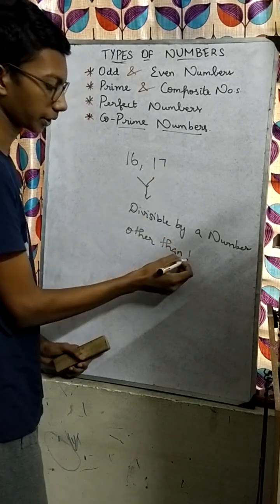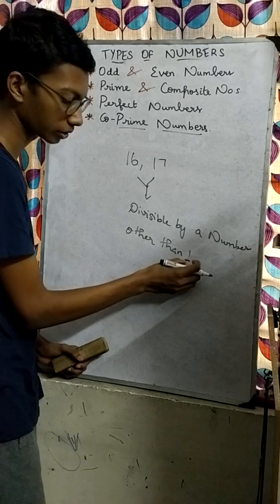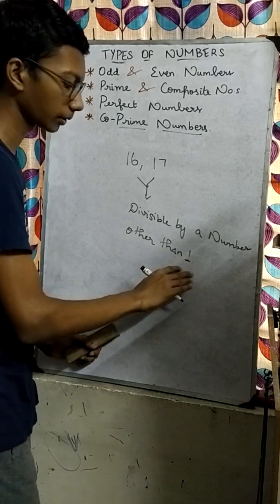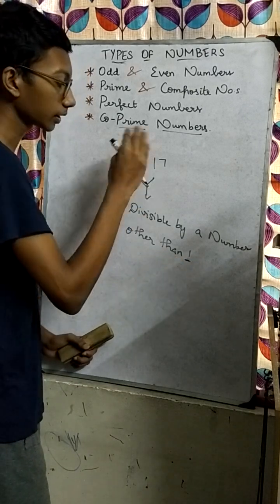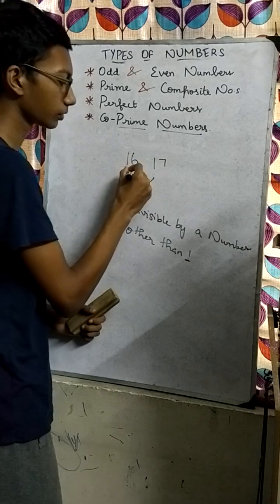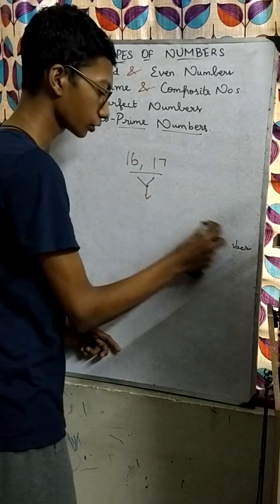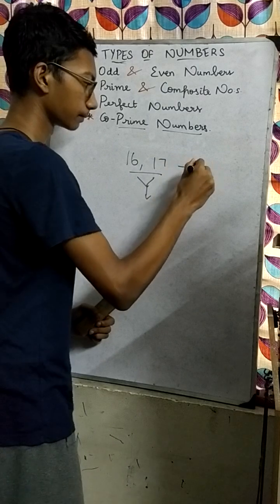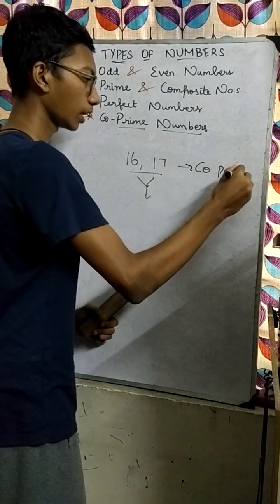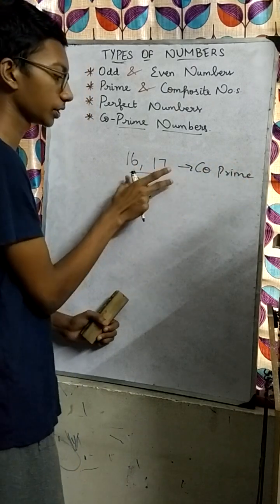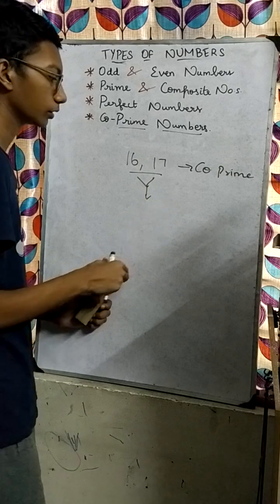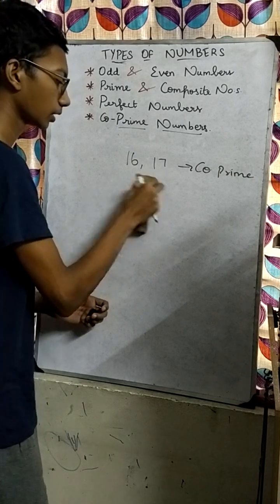These two numbers are divisible by 1, but that's not the important part here. Is there any other number that divides both these numbers? No. So these two are co-prime numbers. There is no other number that divides both these numbers other than 1. So these are co-prime numbers.